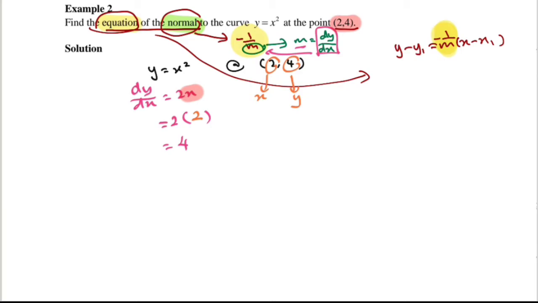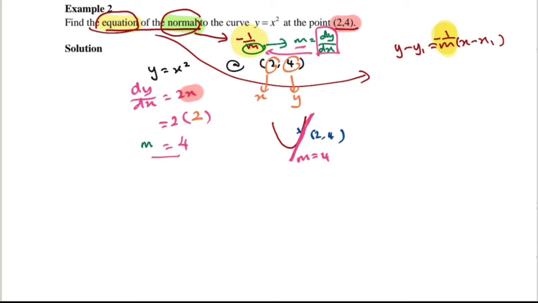Is this the gradient of normal to the curve? No, this is just the gradient of tangent to that curve. If it's hard for you to visualize, let me show you. If this is our curve y equal to x squared, and the point (2, 4) is somewhere here, the gradient m equal to 4 simply refers to the gradient of tangents at that point. So, what is the normal to that curve?